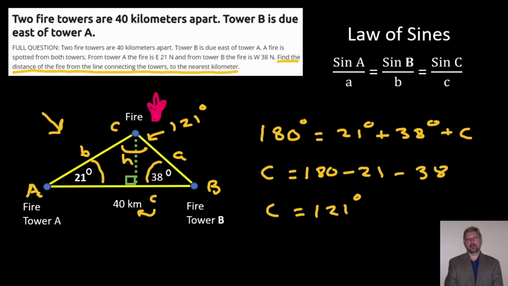Now, is there anything else we need? Let's think about this. What's our next step? The next step is using the law of sines. And in particular, we're going to concentrate on sine B over b is equal to sine C over c. And here's why. I'm going to clear off the information.